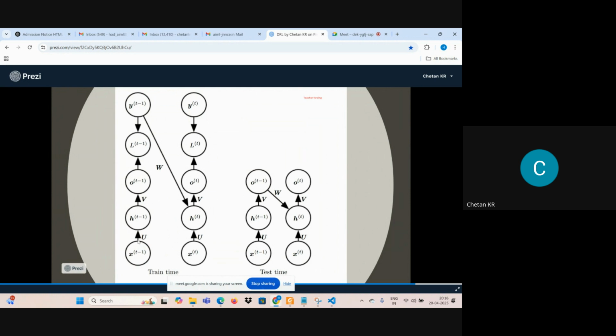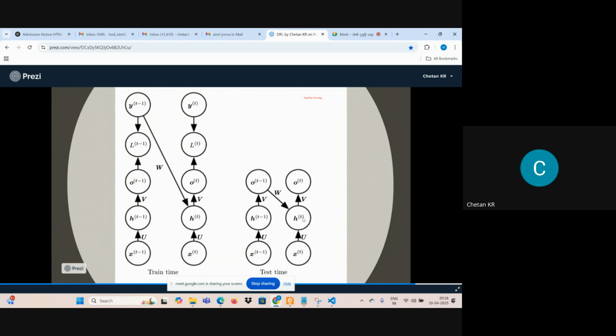So with the current input, hidden and output, you get a loss. And then the actual output is connected to the next hidden. This is during training. But during testing, the problem is they will not have the actual output. So they will use the predicted output and connect that.